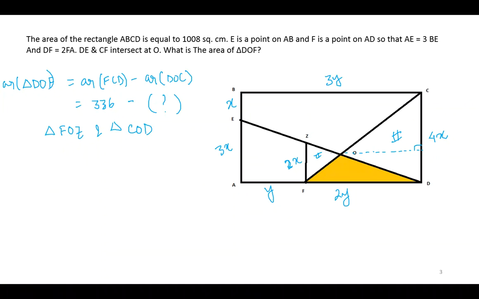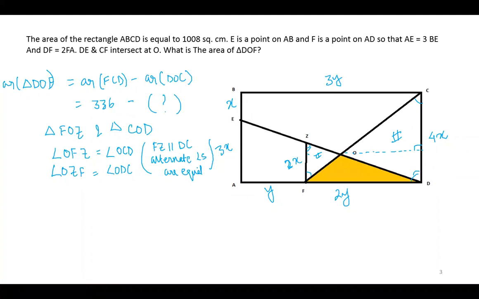Okay, so if we use the property of alternate angles, we get that angle OFZ is equal to angle OCD, and angle OZF is equal to angle ODC, both using the fact that FZ is parallel to DC, which means the alternate angles are equal.